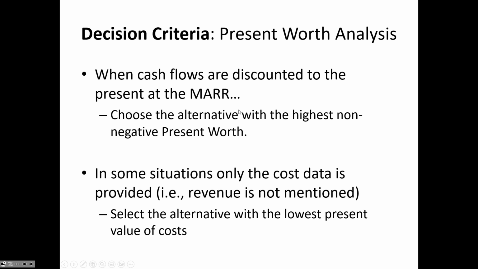Like you don't know how a piece of equipment is being used. It's generating revenue, presumably. That's what justifies the purchase. But when you're comparing two alternatives and all you know is the cost information, then you should choose the alternative that is the least costly, when everything is discounted to the present.